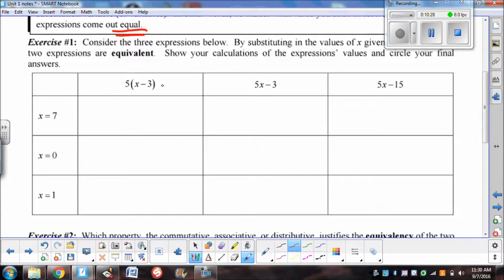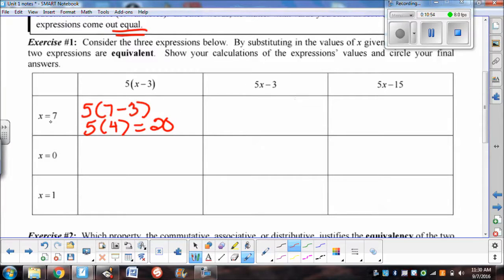So it says if this is my expression and I need to substitute x in, and my x is 7. So doing the substitution, I get that. And then I could play the distributive property game, or I could think about my order of operations. Either way, it's going to get me to 5 times 4, which is 20.